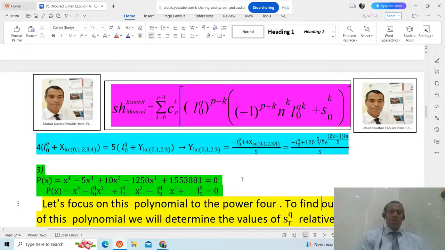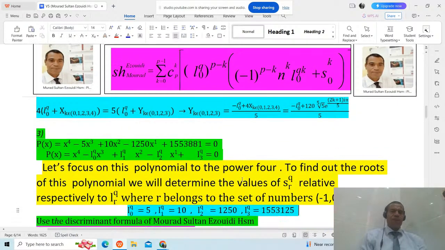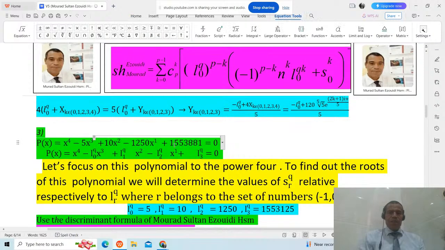Now, question number three, learners: our polynomial is p of x equals x raised to the power 4 minus 5x plus 10x squared minus 1250x plus 1,553,881 equals 0.